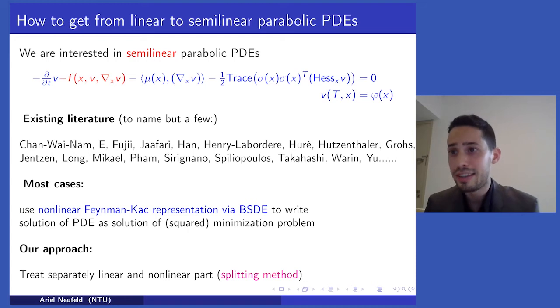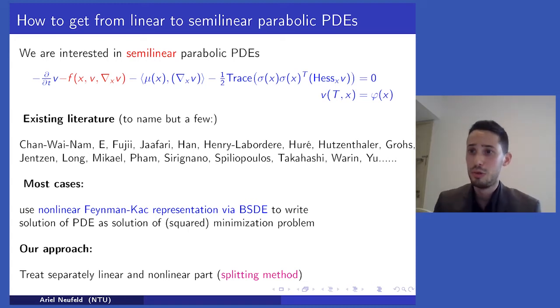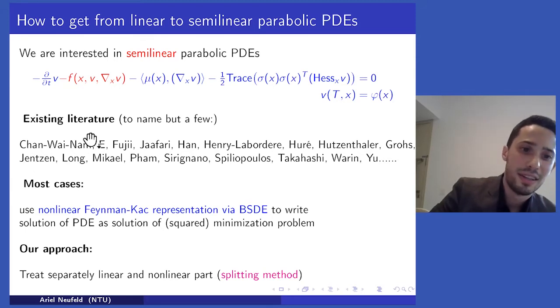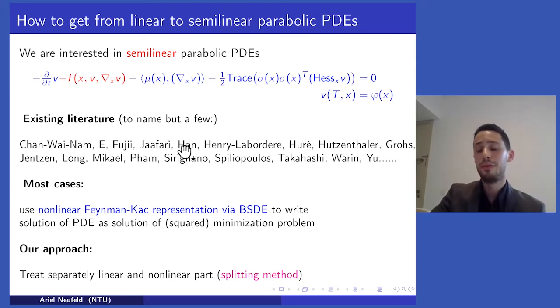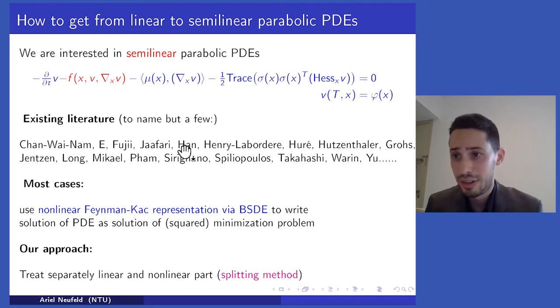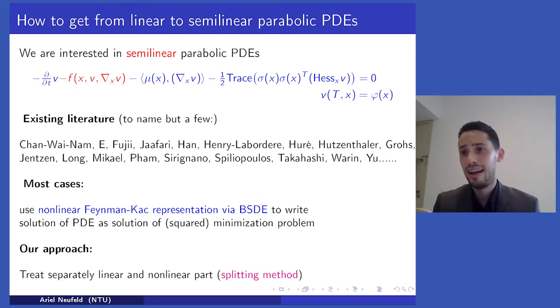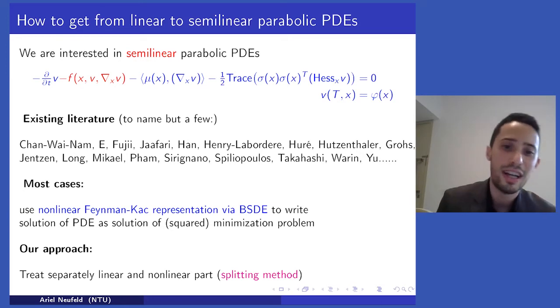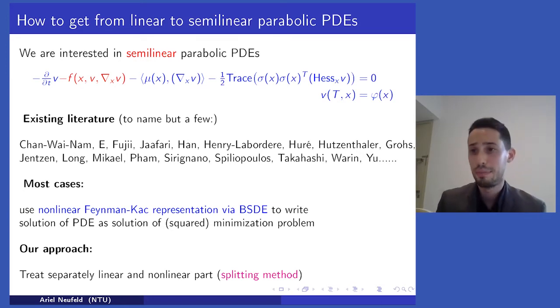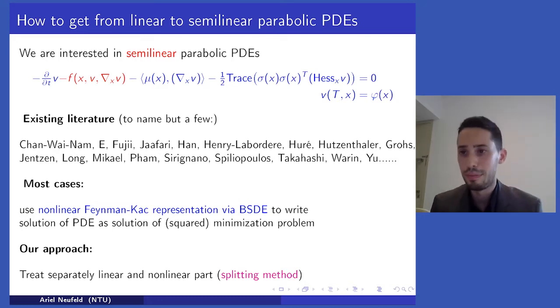It's not a completely new idea to use neural networks for nonlinear PDEs. To name but a few, there are people who worked on developing machine learning based algorithms to solve nonlinear PDEs. The main idea there is to use what is referred to as a nonlinear Feynman-Kac representation using BSDEs to write the solution of the PDE as a square minimization problem.